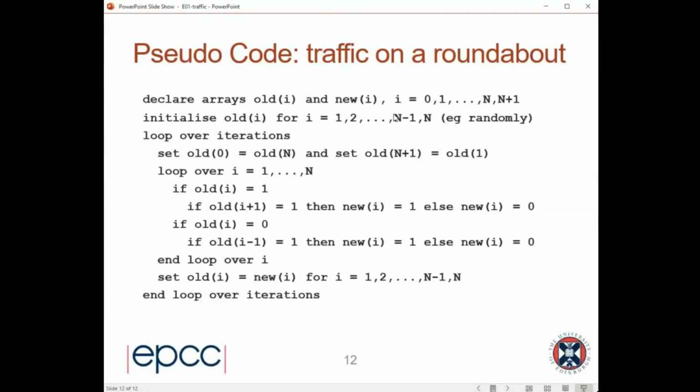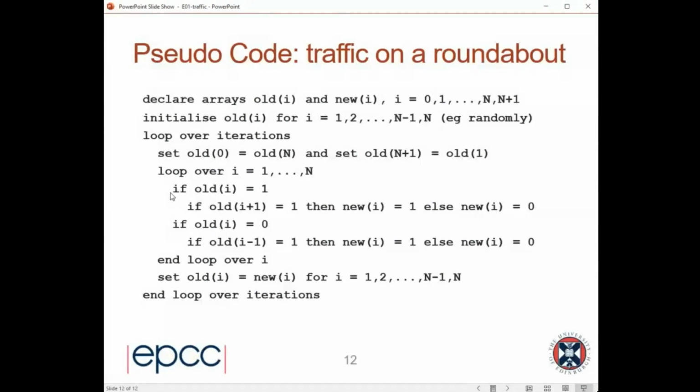You have an old array and a new array, which is this time and the next time. You initialize the old array randomly with some density of cars, which I think is set to about 0.5. And basically, this is the main computational loop, which implements the cellular automaton update.